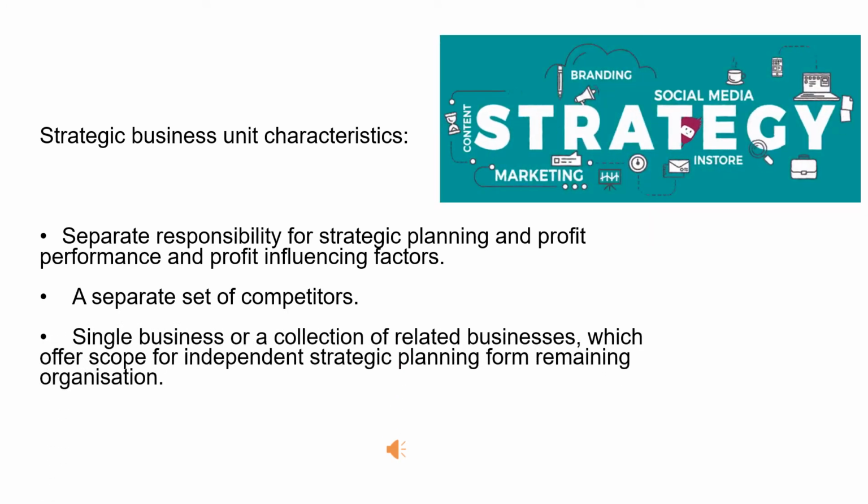A strategic business unit has the following characteristics. It separates responsibility for strategic planning and profit performance and profit influencing factors, a separate set of competitors, single business or a collection of related businesses which offer scope for independent strategic planning for the remaining organization.